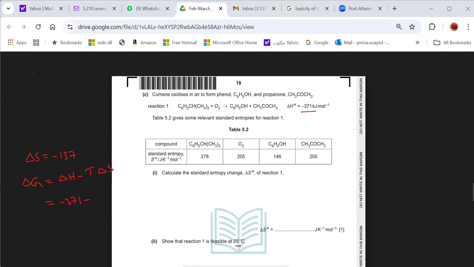And so we change to Kelvin by adding 273. So it is 298 times the delta S, we have to change it into kilojoules. So it's minus 0.137 kilojoules per Kelvin per mole.